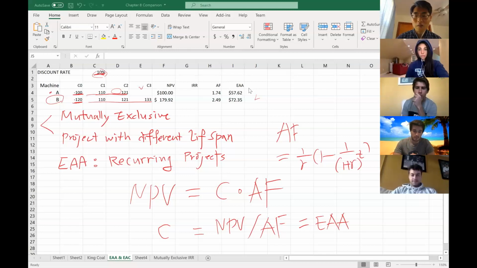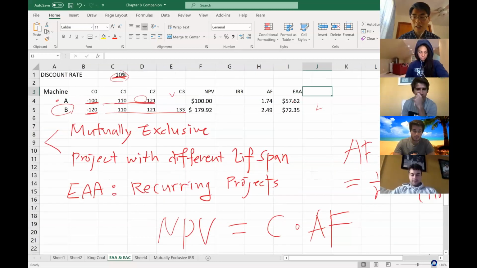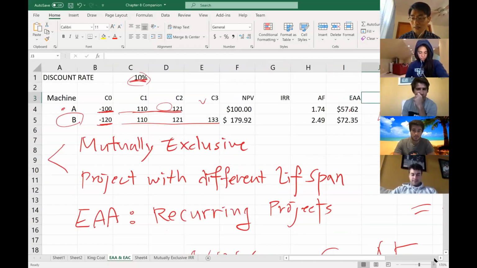EAA of A was $57, right? And EAA of B was $72. So if you have to choose between keeping the machine C versus replacing it with the machine B, which one is better? When you replace it with the machine B, it will annually generate the cash flow of $72. Machine C is currently generating the cash flow of 80. So keeping the machine C is better, right? The fact that you spent $90 in the past should not matter.